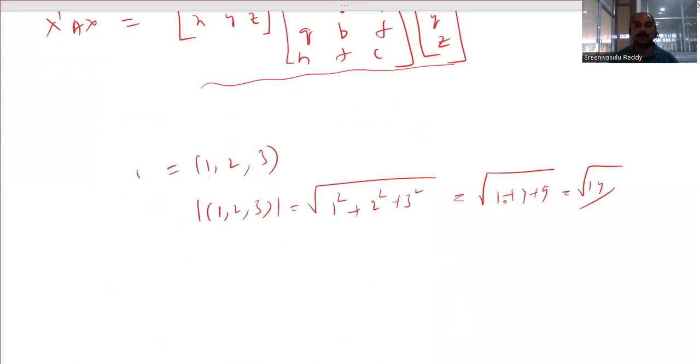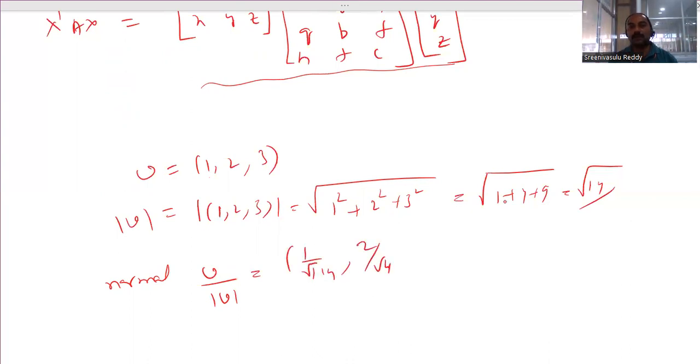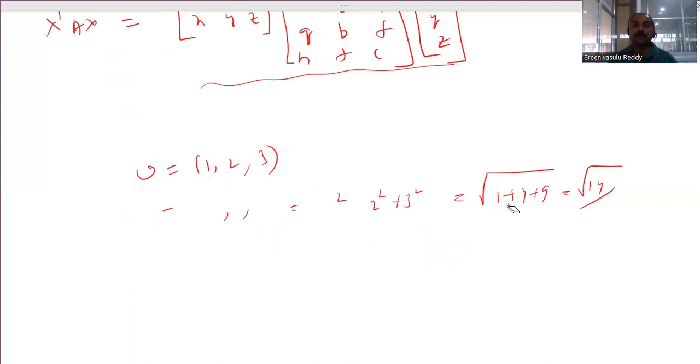So this is vector v. The normal vector means the unit normal vector, v by mod v. That means 1 by root 14, 2 by root 14, 3 by root 14. This gives the unit normal vector. So this is the definition of a normal vector.